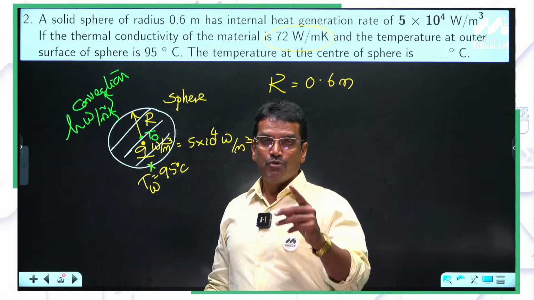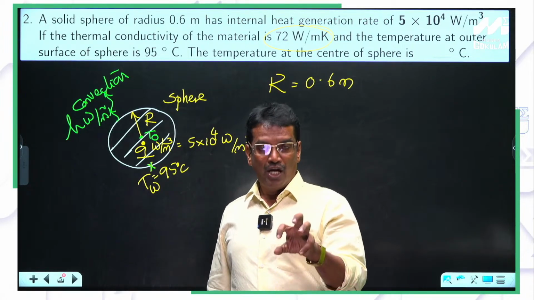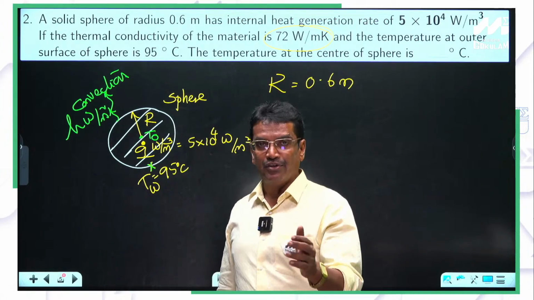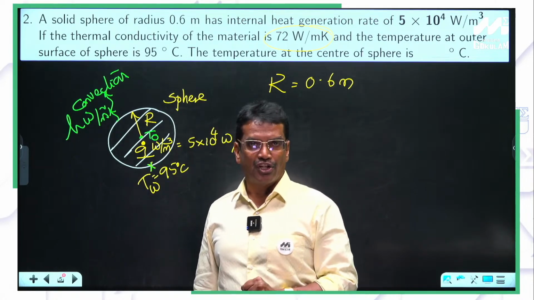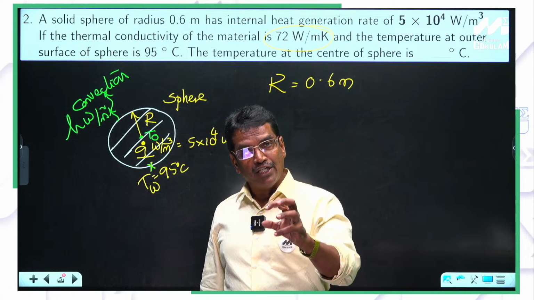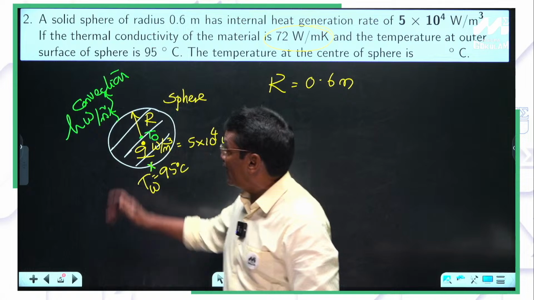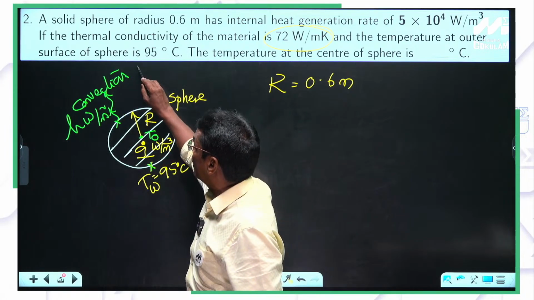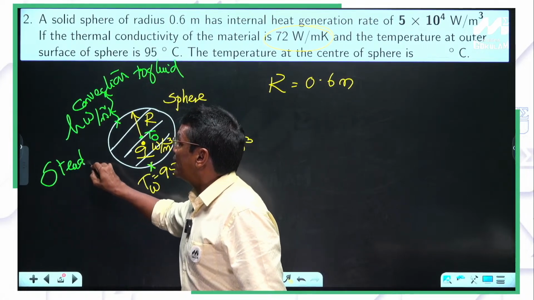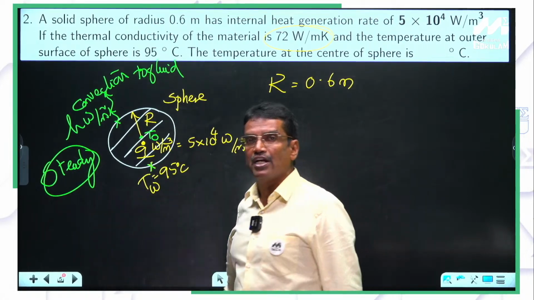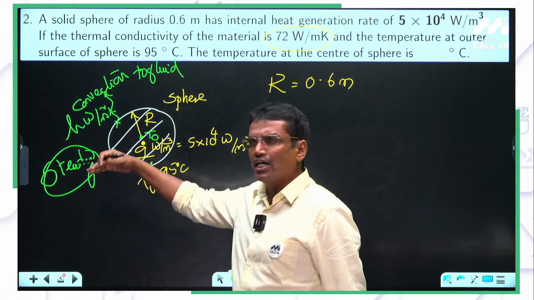For example, if you are generating 100 watts, that means 100 joules of heat is generated in 1 second. In the same 1 second, all that 100 joules must be convected from the surface to the fluid. Then only can steady state be maintained. Mostly, we will assume that conditions are steady.